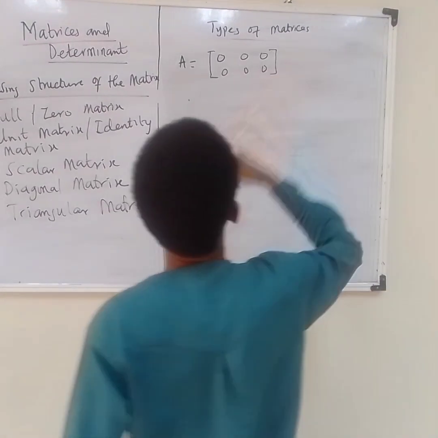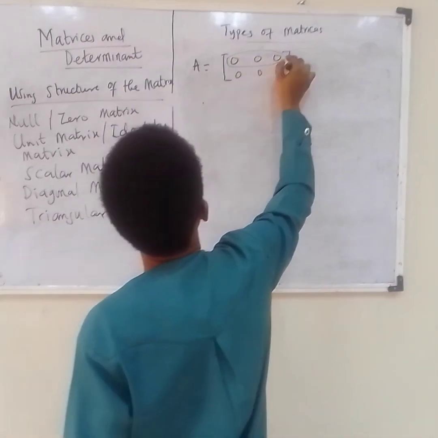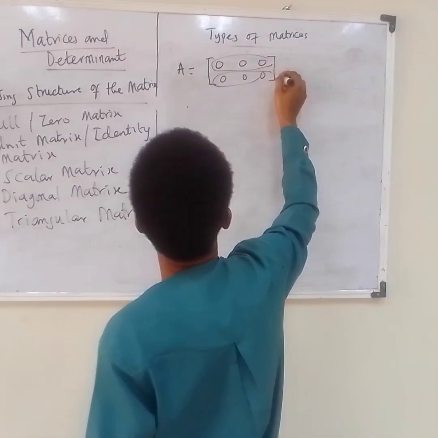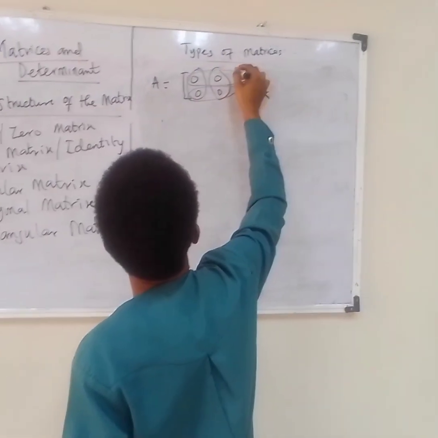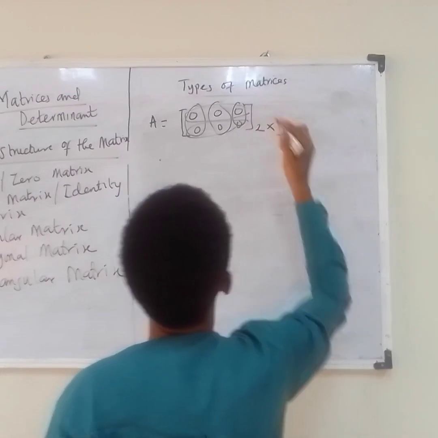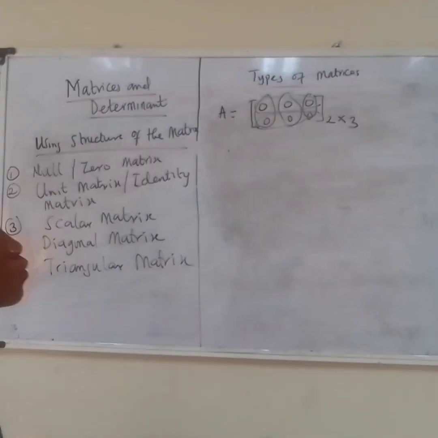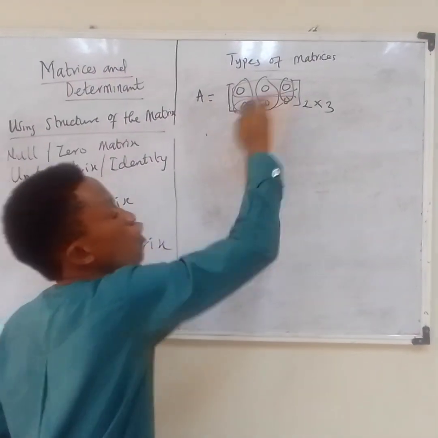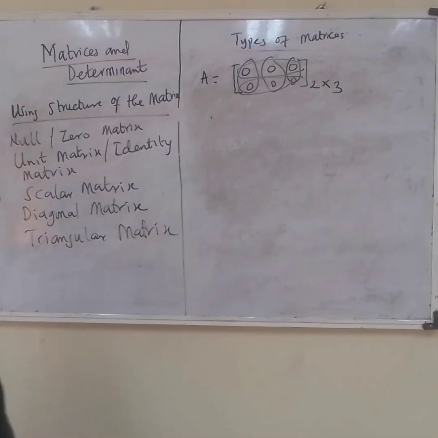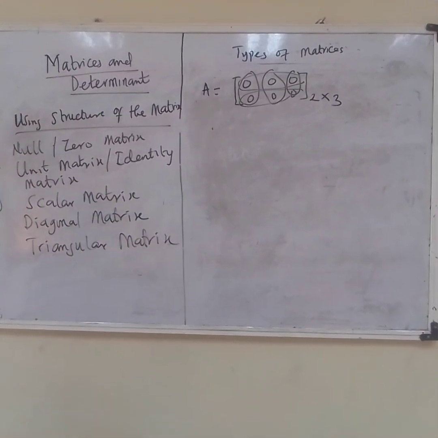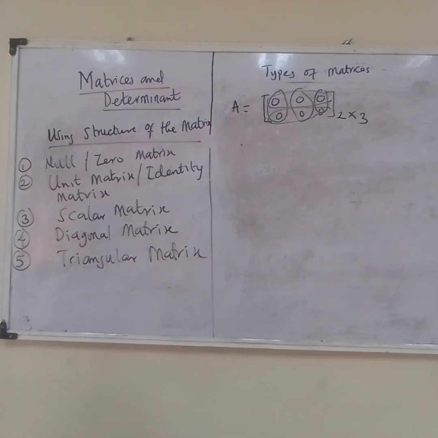The dimension, rows multiplied by columns, is 2 by 3. Since all the elements are zero, we call it a null matrix or zero matrix.